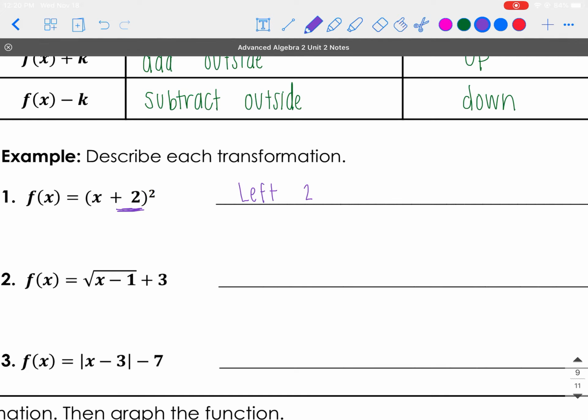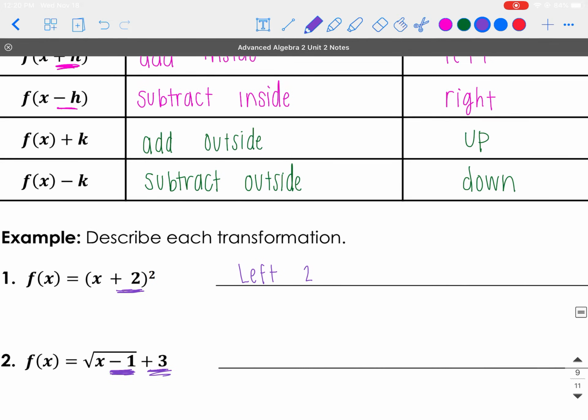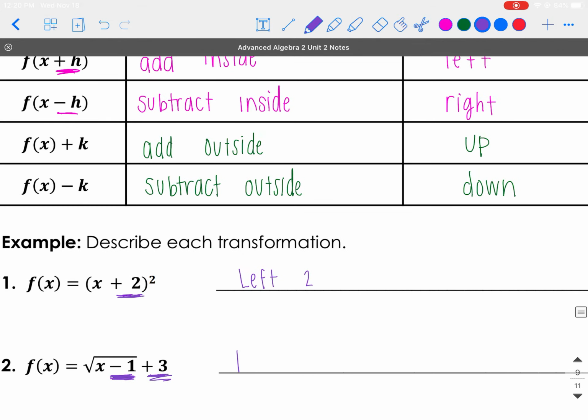Number 2, I am subtracting 1 inside, adding 3 outside. So let's look at the -1 first. When I subtract inside, that moves right, and it's right 1. And then I also have the +3 outside, so that moves up 3.